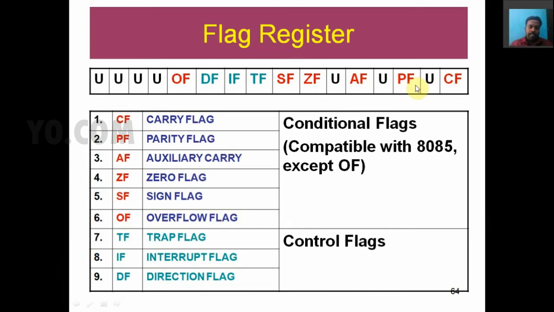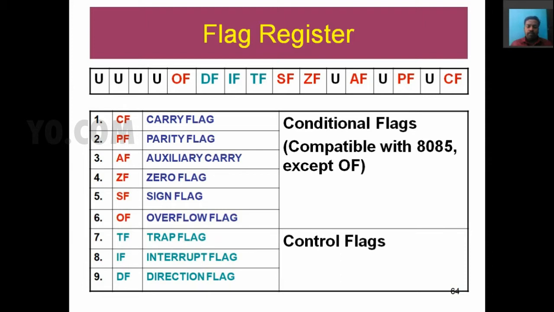PF means parity flag. And the third one AF, that is the auxiliary carry flag. Then ZF, that is the zero flag. Then SF, that is the sign flag. Then OF, that is the overflow flag. These 6 flags are conditional flags. Okay, it is compatible with 8085 except the overflow flag.